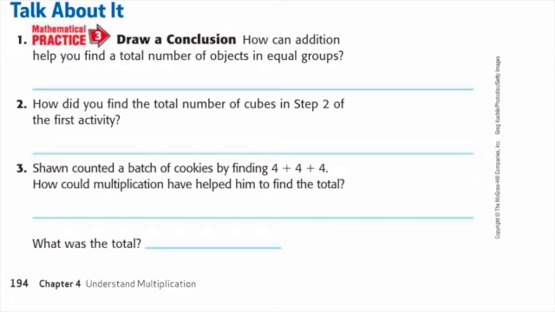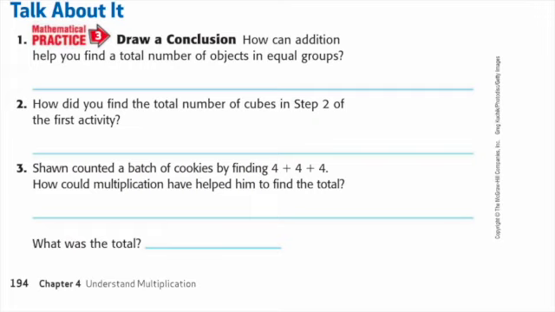Number 2, how did you find the total number of cubes in step 2 of the first activity? I want you to think back to the first activity. Did you use repeated addition when you were adding 5 plus 5 plus 5 plus 5? Or maybe you did skip counting, 5, 10, 15, 20.